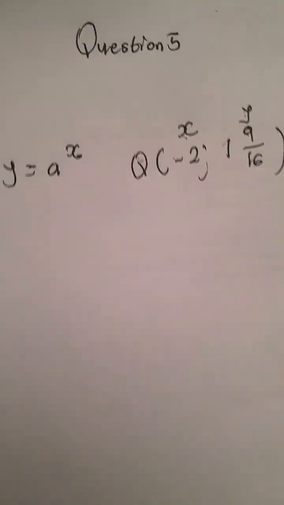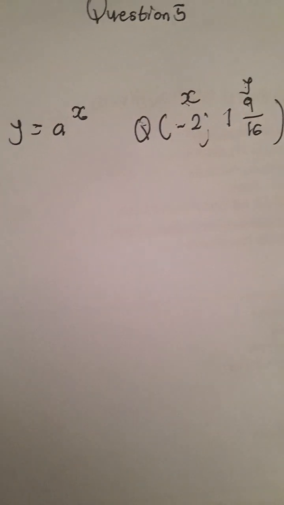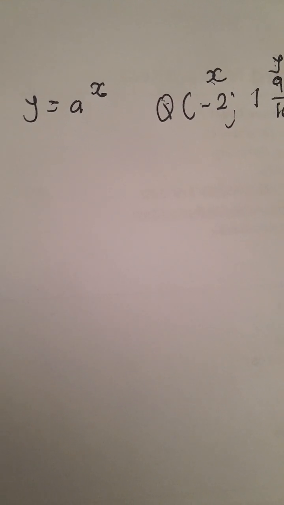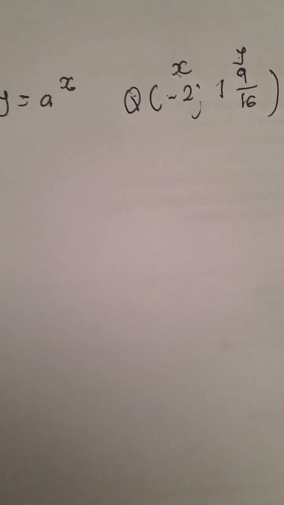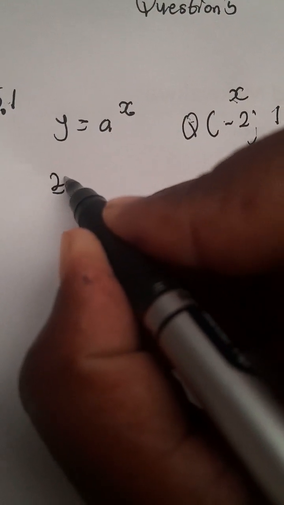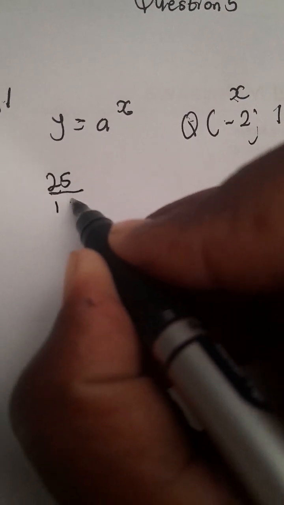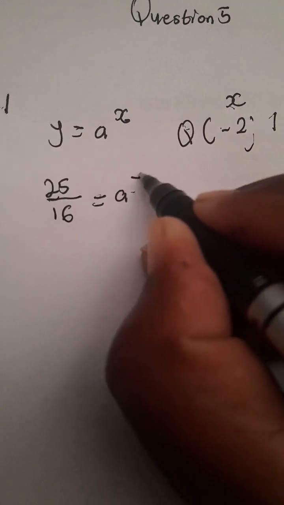We can substitute this coordinate to find the value of a. We need to change the mixed fraction 1 and 9 over 16 into 25 over 16. So at y, you replace it by 25 over 16, and where there's x, you replace it by -2.